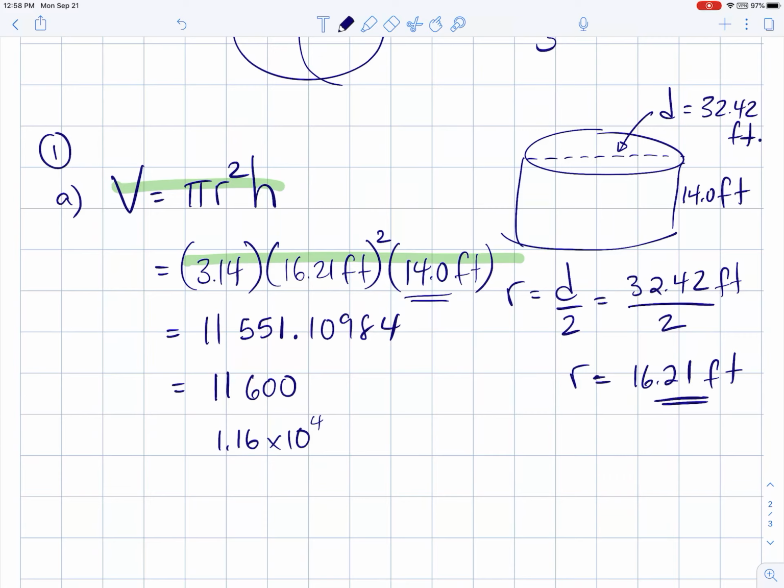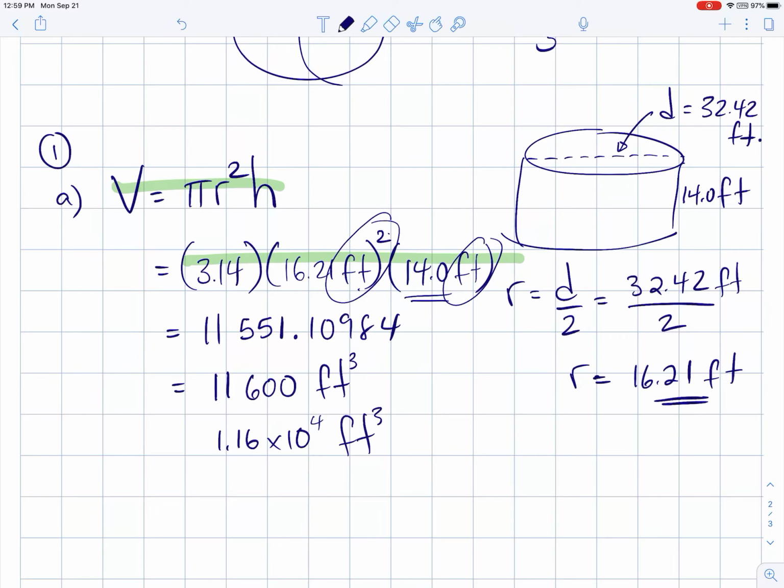Now, what units do we put? Well, one way to do this is to think algebraically, if you are familiar with this. Feet squared over here, feet to the power of 2, multiplied by feet means we're going to get feet cubed as the answer, cubic feet. Another way to look at that is just if you're finding a volume, the units will be cubic distance units.